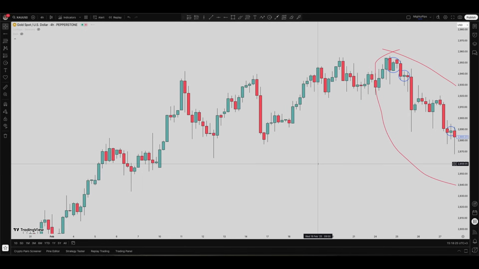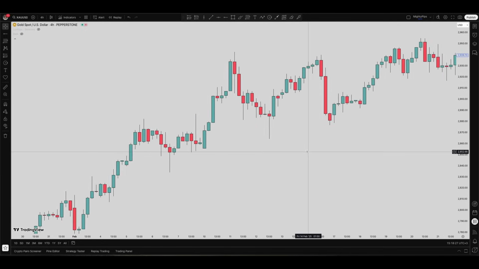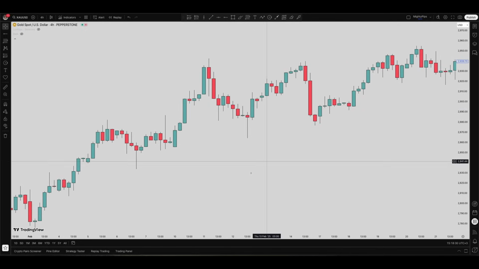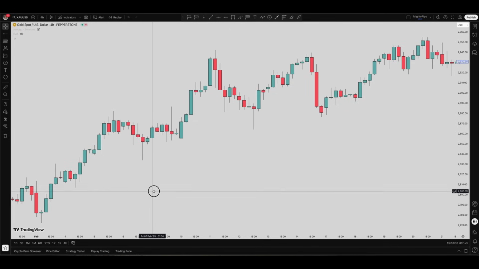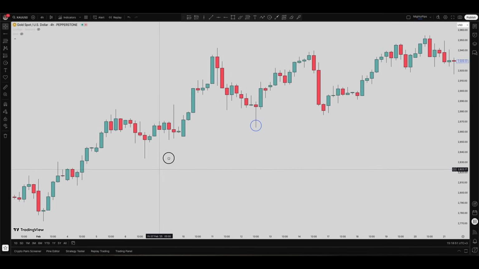The last thing that I wanted to show you guys here before we go is this. Whenever you're seeing long wicks at the bottom of red candles or at the top of green candles, just know that there should be an upcoming reversal. When you see a long wick at the bottom of a red candle, you know there is imminent reversal.